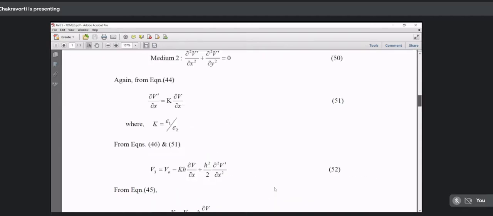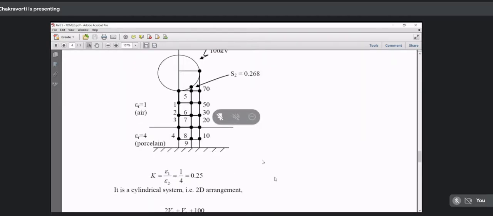So for node 3, I will assume that node 2 is in medium 1. This then becomes V1. Then node 4 is in medium 2, and therefore this will become V3 of the derivation. And then K is 1 by 4.